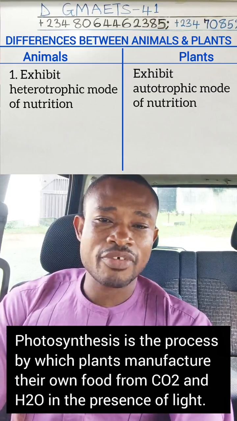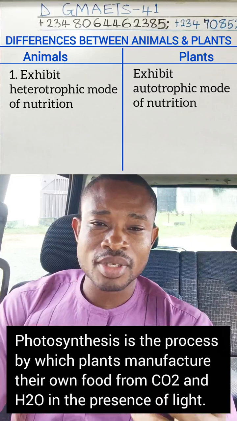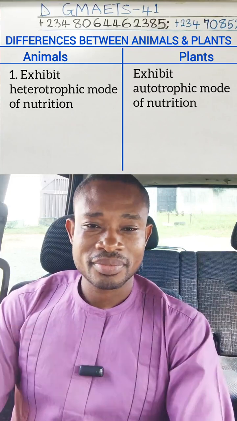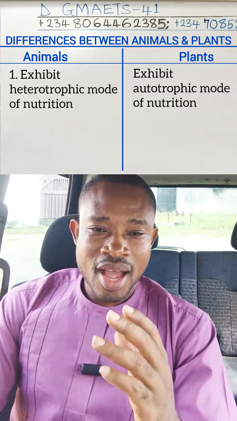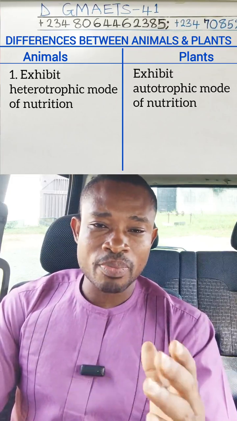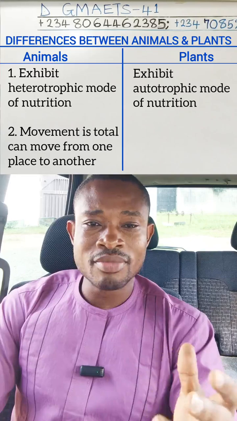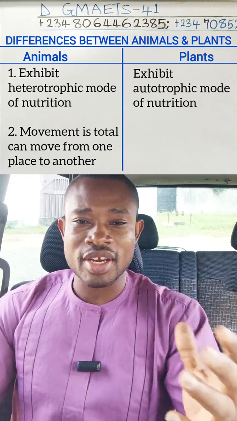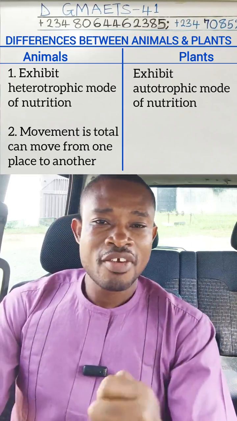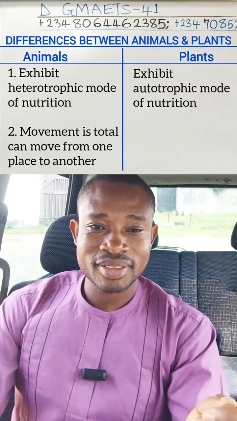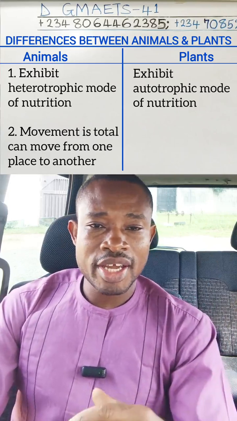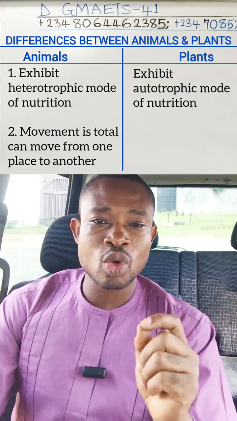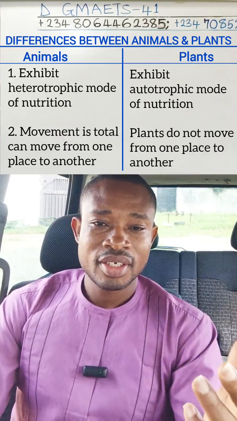The second difference we are going to look at is in terms of movement. Animals move from one place to another place. So movement in animals is total, where the whole body is moved from one place to another place. Plants, on the other hand, do not move from one place to another.